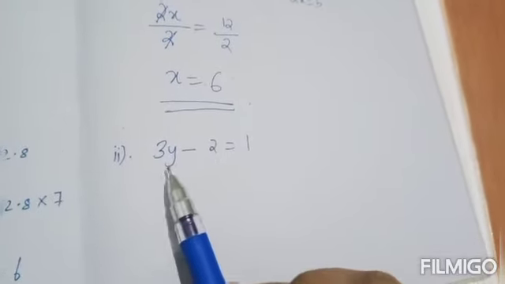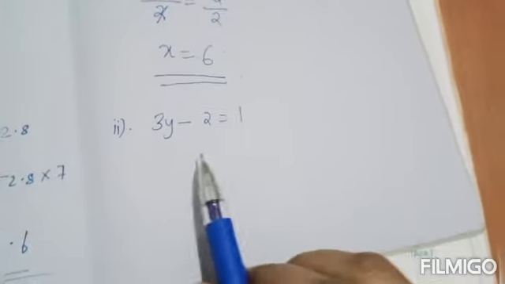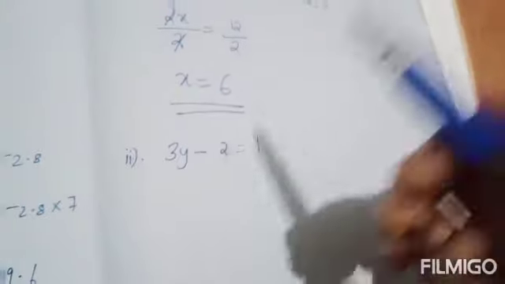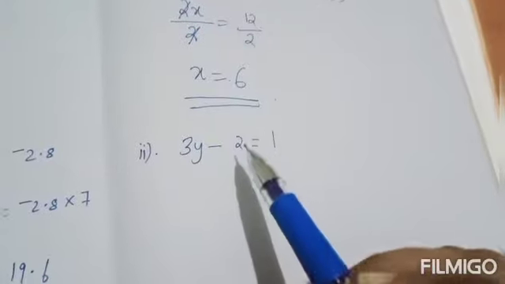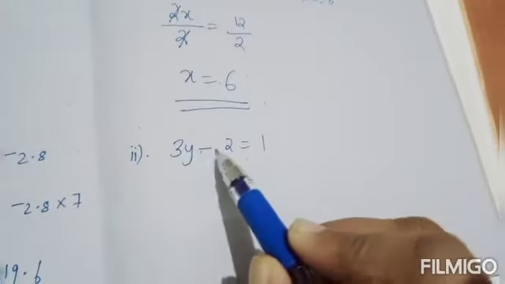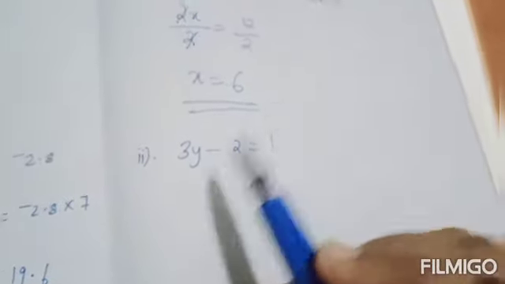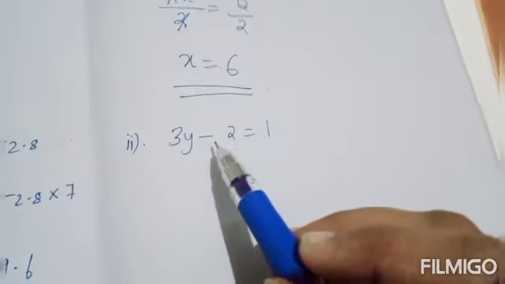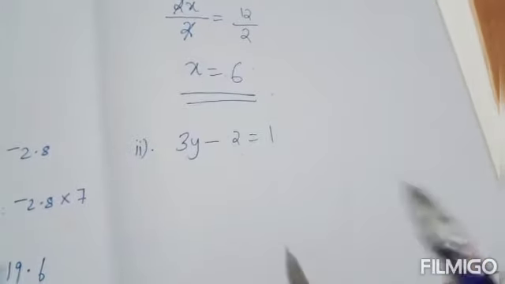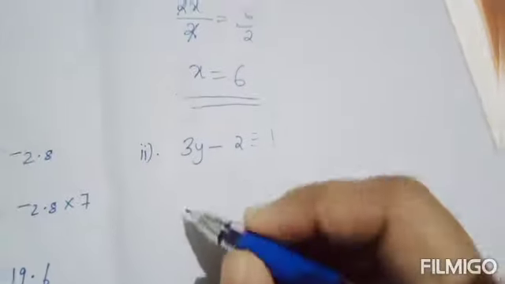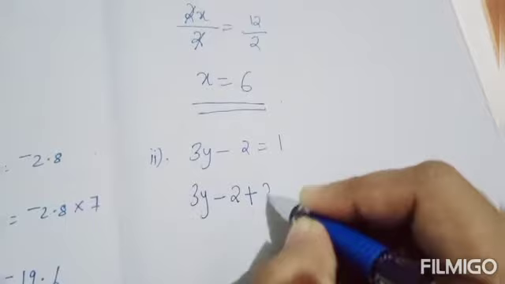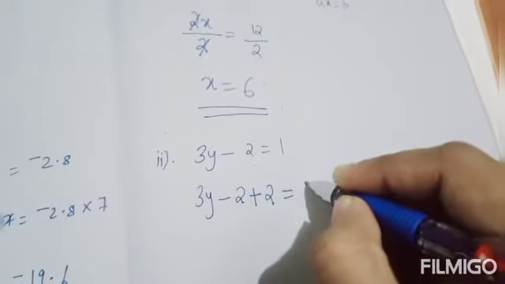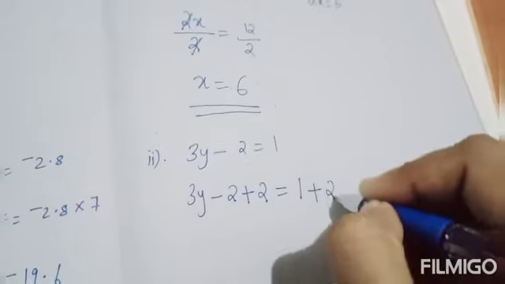Second question, 3y minus 2 equal to 1. So first we need to remove this 2. Okay, so here it is minus 2. So what to do? In order to remove this 2, add 2 on both sides. Okay, so 3y minus 2 plus 2 equal to 1 plus 2.